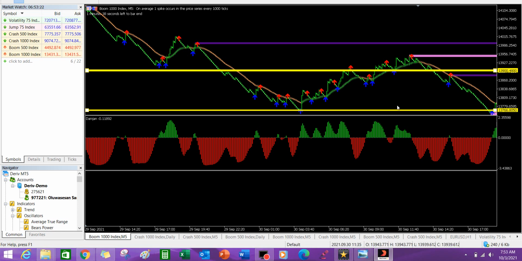But if you had closed your trade at that resistance level, you would have your 100% profit. If you did not close it, then you should have like 80% profit locked into your balance. That is the way it works.